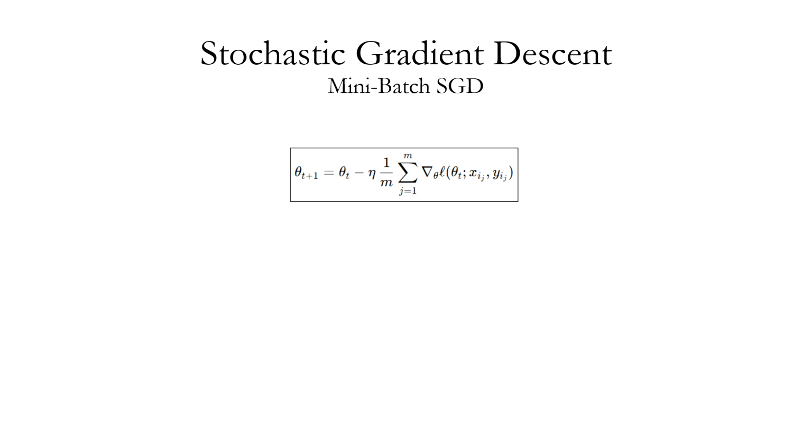That small m signifies samples, so it's the mini batch size. It could be 32, 64, 128. It could also be smaller than that, like 5 or 10. You choose m, but the samples are random.